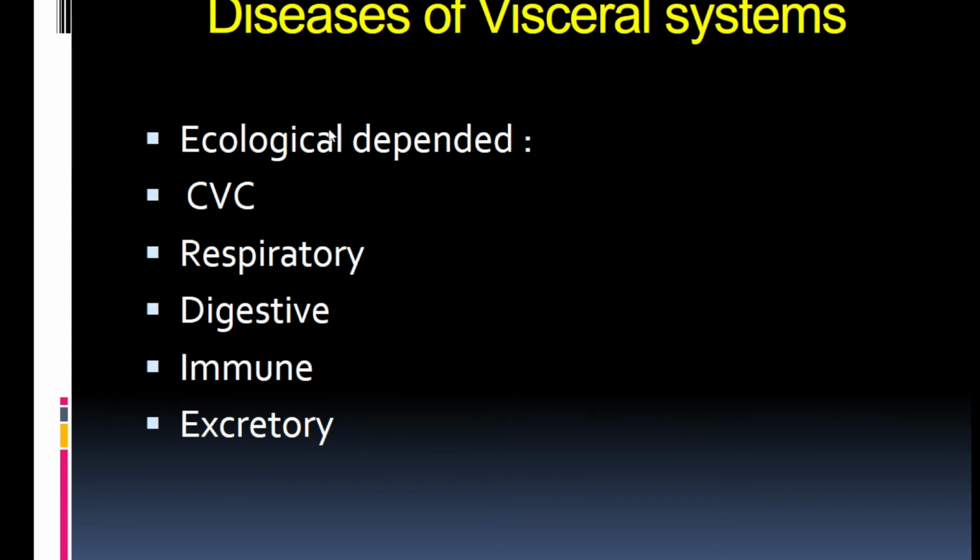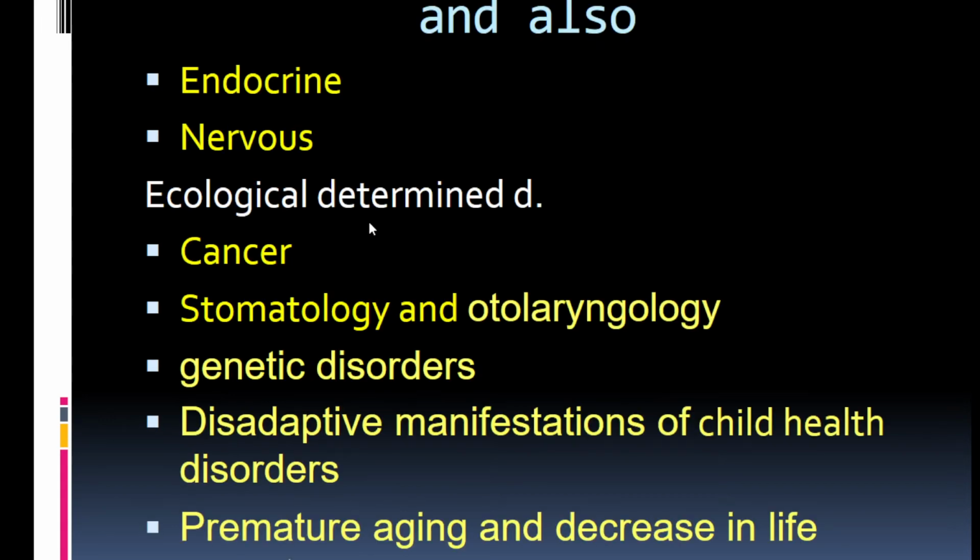And we can say that diseases of the visceral systems, cardiovascular, respiratory, digestive, immune and excretory systems, all have ecological dependence, of different levels, which can differ in different regions. And of course, regulatory systems such as the endocrine and nervous systems can be related to these diseases.